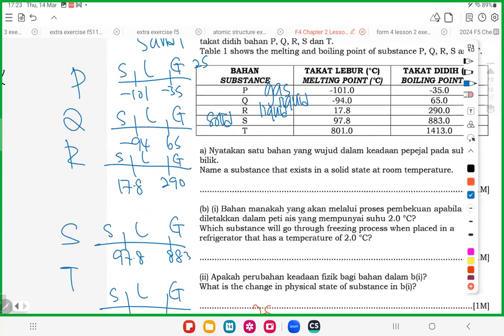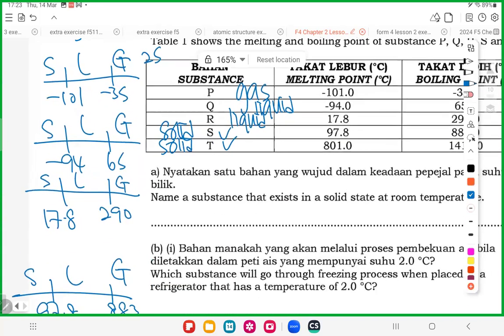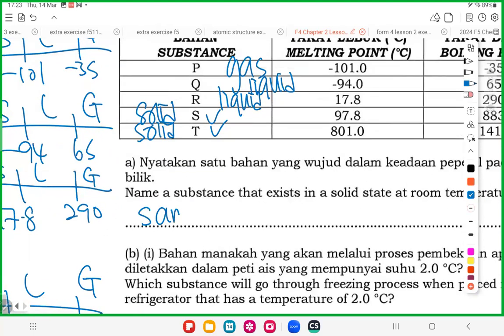So by right, who is solid? S and T. But if your answer is S and T, how many marks will you get? 0. Why? Because you don't understand the instruction of the question. The question only asks to name a substance, but you give 2 answers. Wrong. Cannot.